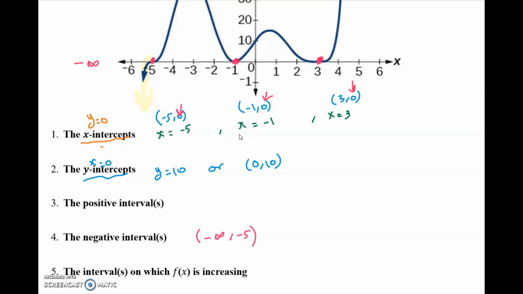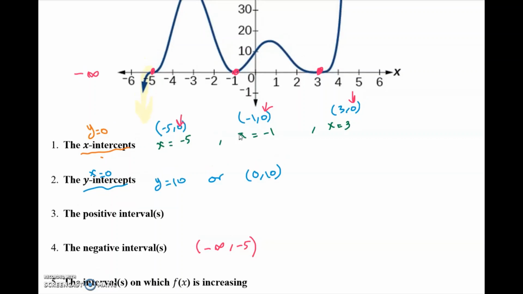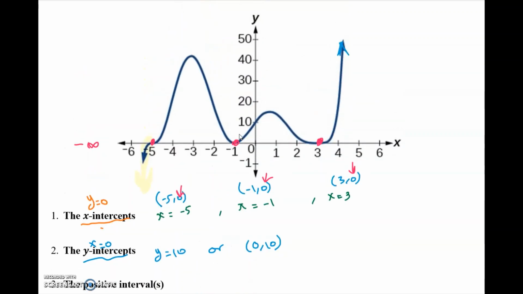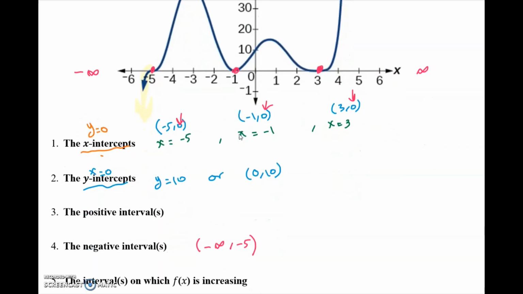And I'm going to keep it open. I'm not going to include -5 because when x equals -5, y is 0. Now let's continue. Then from -5 all the way, someone will say from -5 all the way to positive infinity, it was positive. No, no, no. Because I do have some points where y was 0, not positive. So I need to break it down.